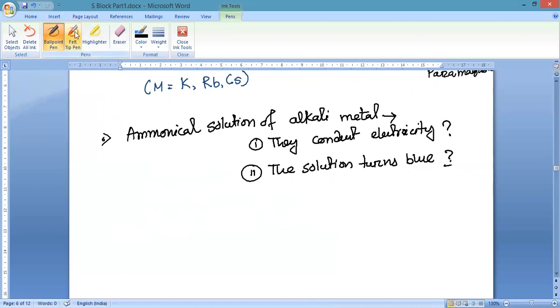Okay, so let's see. When alkali metal reacts with ammonia, let me change the color.